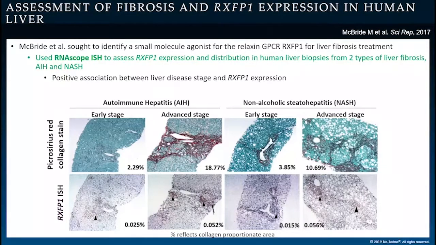They used the RNAscope chromogenic assay to assess the expression of this GPCR target and visualize its distribution in human liver biopsy tissues from two types of liver fibrosis patients. What they observed was a direct association of the disease progression with the expression of this particular GPCR, RXFP1, which really shows the significance of performing spatial analysis techniques.